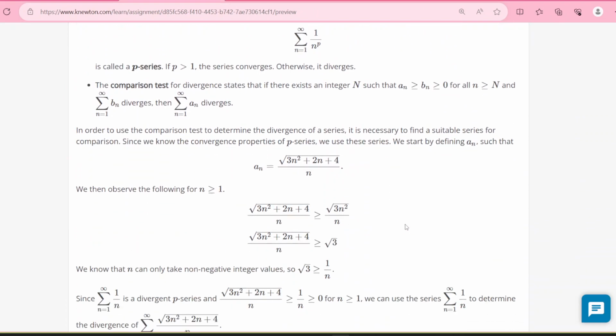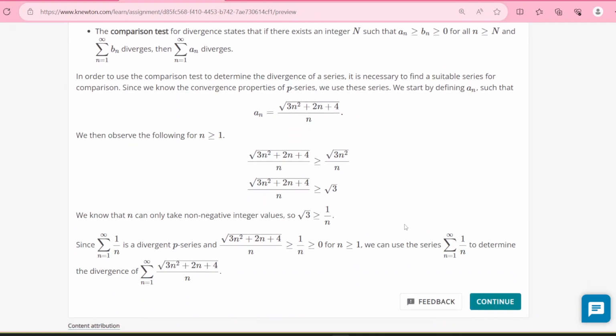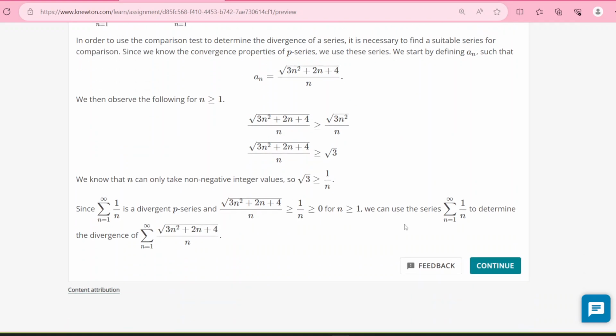Now they're doing another direct comparison, but I don't care for that, because they showed you that the terms are going to the square root of 3, not 0. So it's divergent, the end. There's nothing to compare to.